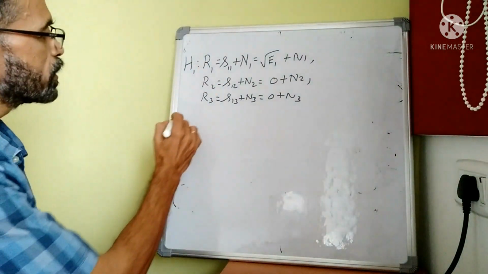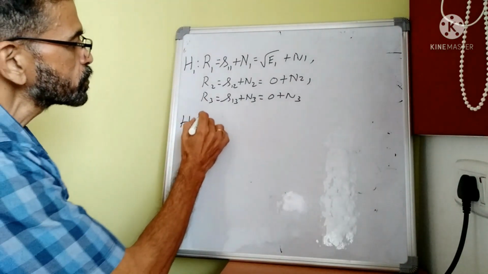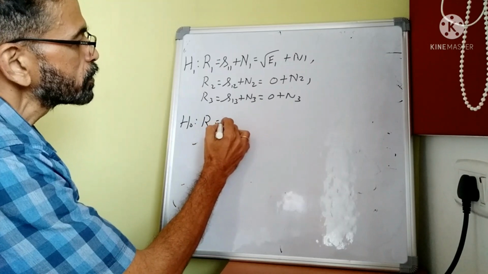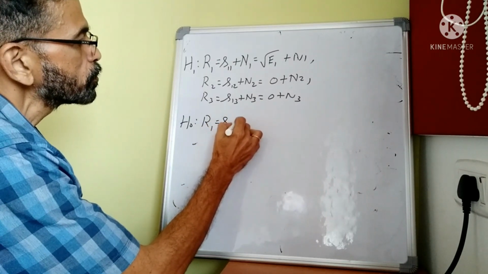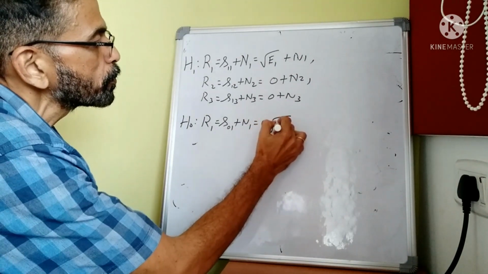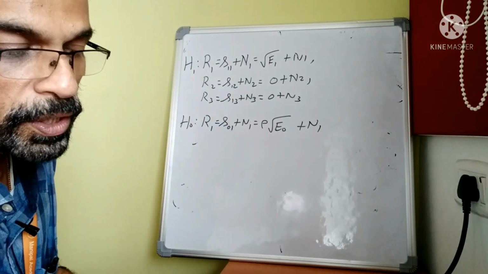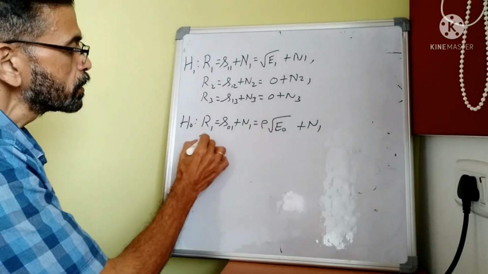E1. And when H0 is the true hypothesis, R1 will be S01 plus N1, which will be rho root E0 plus N1.